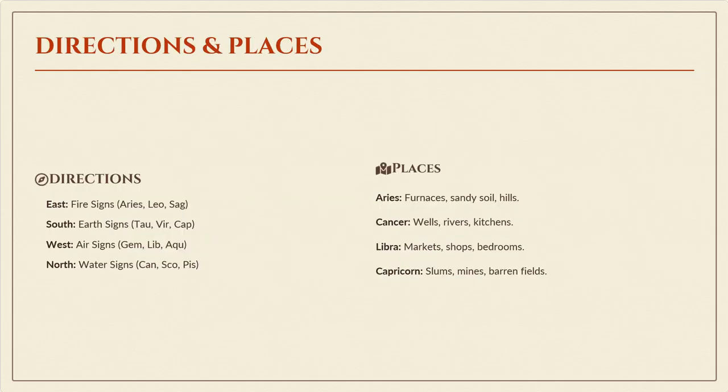Okay, so now again we are going to another characteristic. Each Rashi represents a direction also, like east. Again the sequence is similar: east, south, west, north. Again move 1, 2, 3, 4: east for Aries, south Taurus, west Gemini, north Cancer.